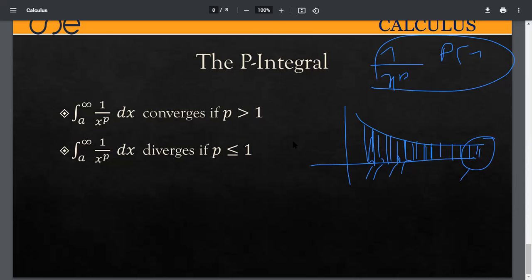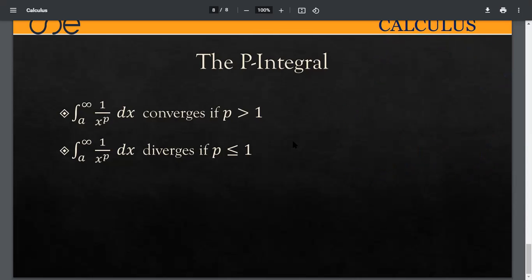So in this case, the improper integral will diverge, because I will keep adding and adding rectangles, so the area will keep growing and reach infinity at some point. However, if we take 1 over x squared, for example, this function tends to 0 much faster, and so does any power greater than 1. The curve comes very close to the x-axis, and I can stop adding.